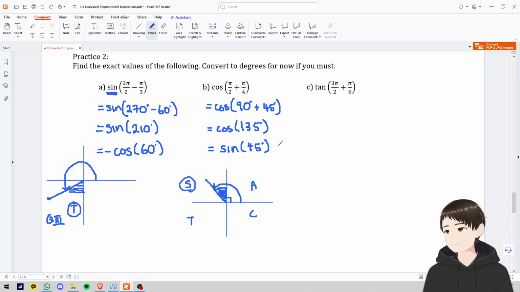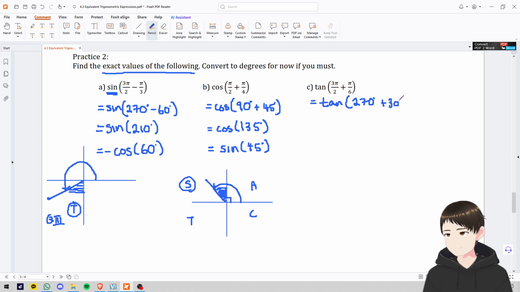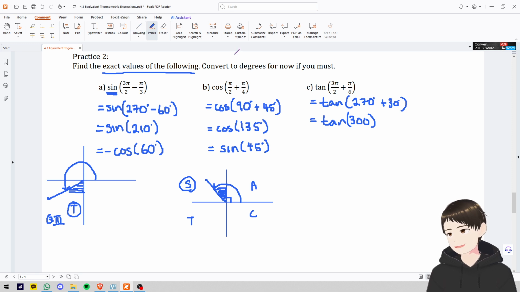Okay? Let's do it one more time. Tangent. Sorry. I don't think I actually answered the question. We'll do that at the very end. I just need to make sure everyone understands. So this is, once again, sorry, Miss Malloy, this is 270 degrees plus 30. So the question is, what is an equivalent trigonometric expression using 300 degrees?